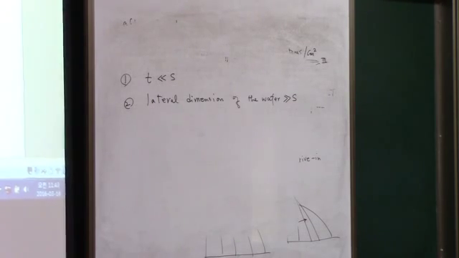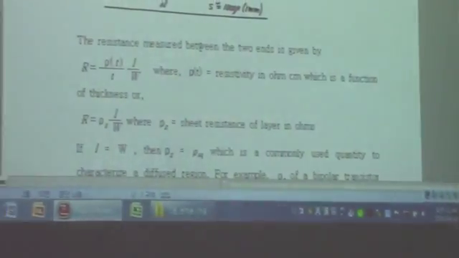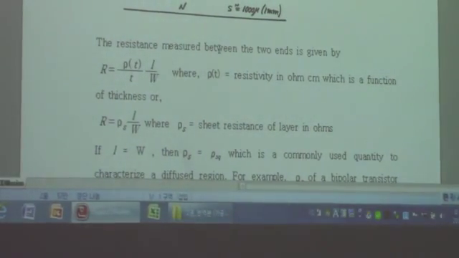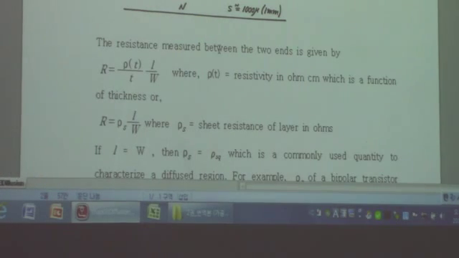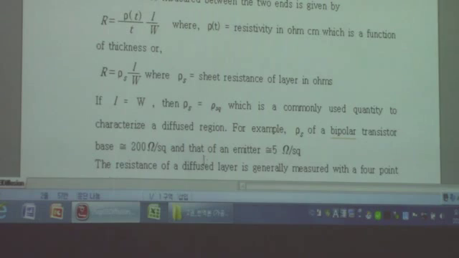These two assumptions are basically related to the Poisson's equations, the distribution of the electric field, and with those assumptions we can simply get the sheet resistance of the layer, something like this.